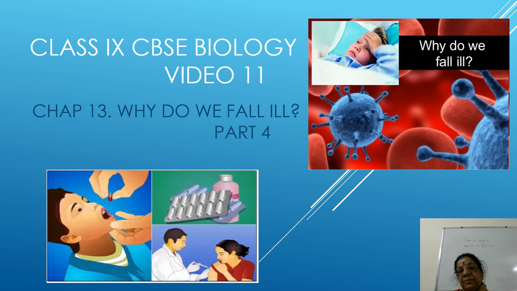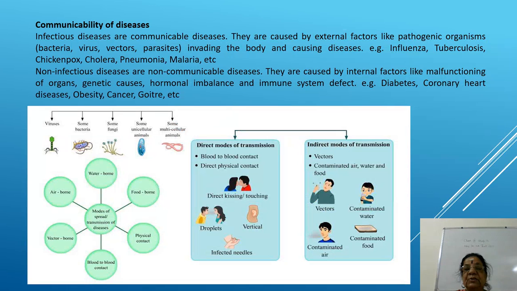Whereas a non-communicable disease will not spread to others. It is by birth or inherent, a means of getting diseases as non-communicable or non-infectious diseases. I hope you could follow this. Now we'll continue the lesson.